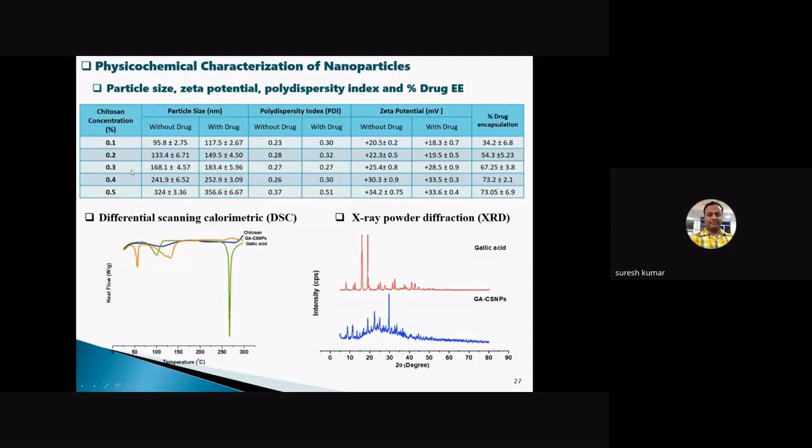Here we used different concentrations of chitosan and TPP for nanoparticle synthesis, as shown in the table. It was observed that the size of the nanoparticle depends mainly on the concentration of the chitosan and TPP used in our study. So when we increase the concentration, the nanoparticle size also increases. But this increase in size was found only up to a certain extent because aggregation happens.